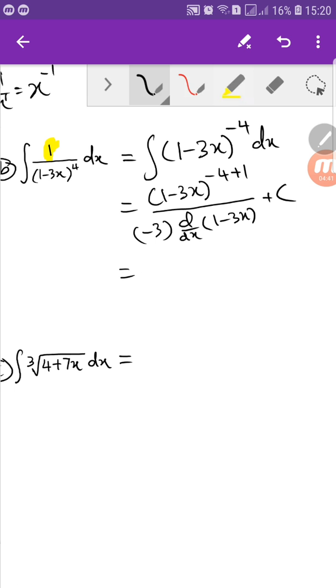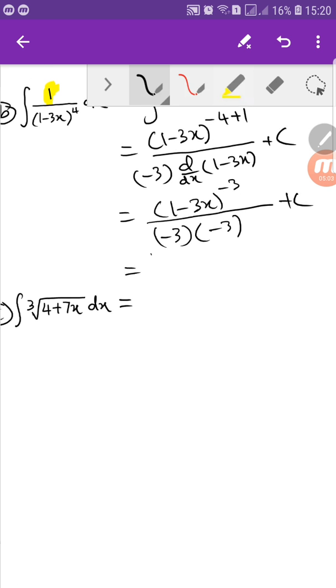So let's continue. Just simplify. My handwriting is horrible. Yeah, perfect, at least better than the previous one. So this one is minus 3 multiply minus 3, which gives positive 9.